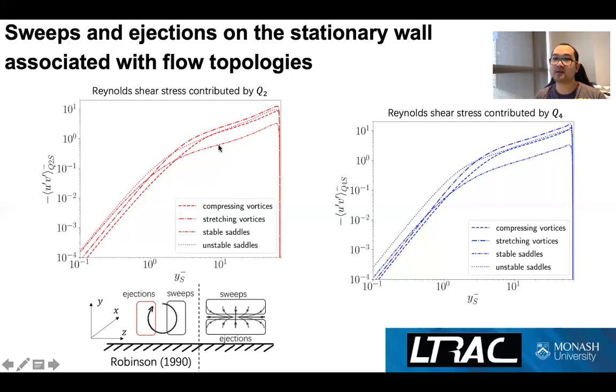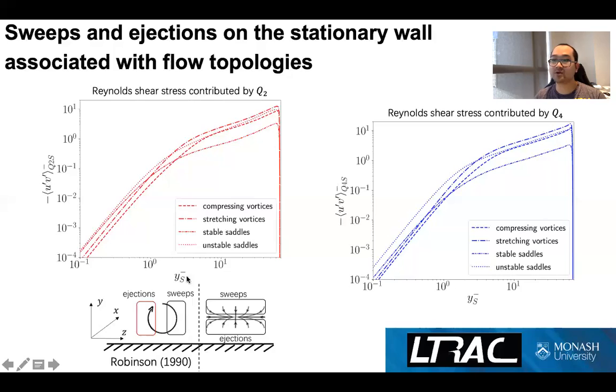Besides, sweeps and ejections are mainly associated with the saddle topologies in the buffer layer, which is different compared with the flow on the moving wall. In the square root region, the dominant flow topology becomes stretching vortices, which may result from the local shear stress, because in this region, local shear stress is a bit stronger than in the near wall region.